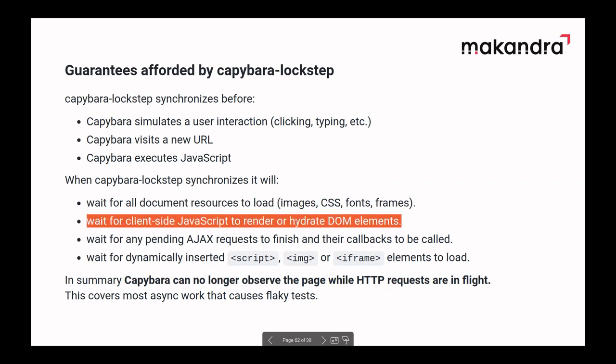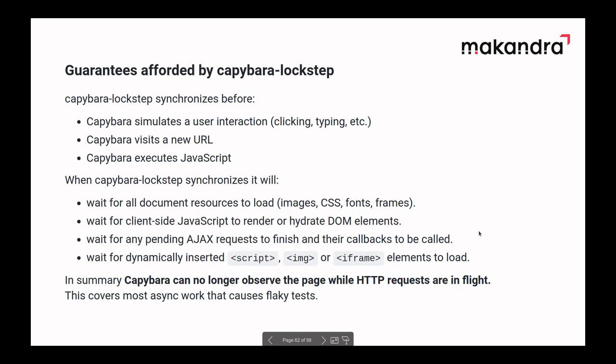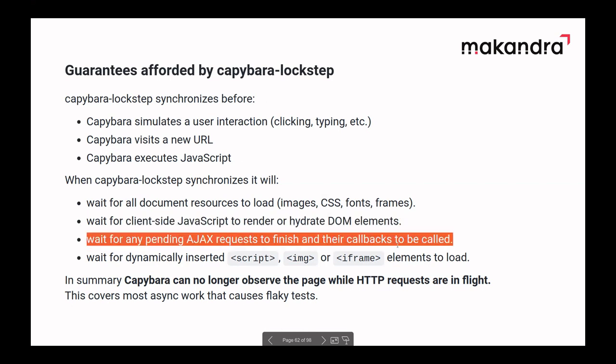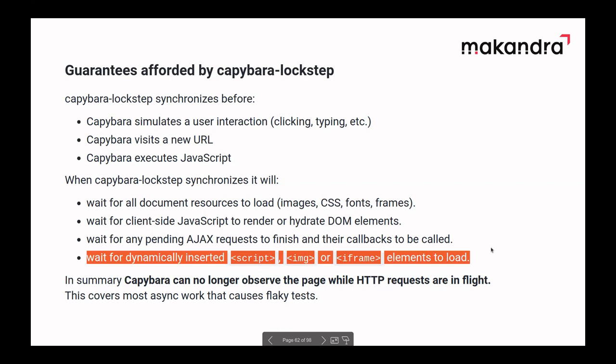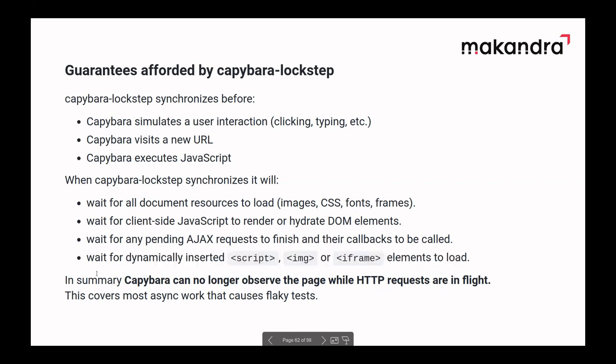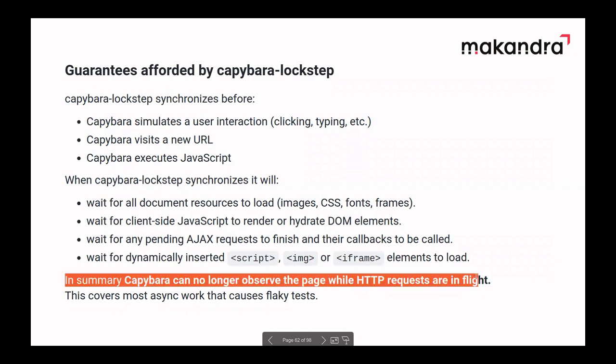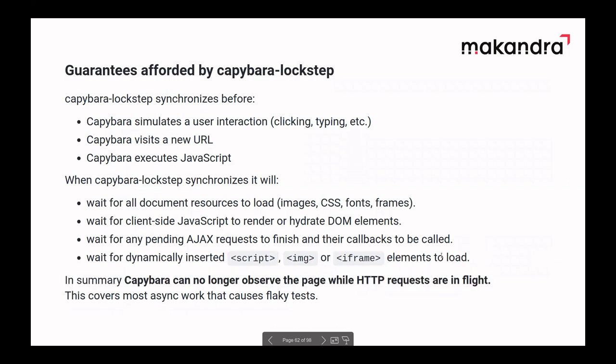And it will wait for all client JavaScript to render or hydrate DOM elements. It will wait for all AJAX requests to finish and their callbacks to be called. And it will also wait for inserted script, image, or iframe elements to load. So in summary, with Capybara Lockstep, it is basically impossible to observe the page while any HTTP requests are in flight. And this covers most async work that causes flaky tests.